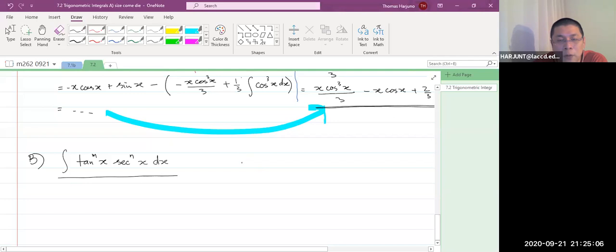Let's remember the following. If u is tangent x, then du is secant squared x dx. At the same time, secant squared x is equal to 1 plus tangent squared x.